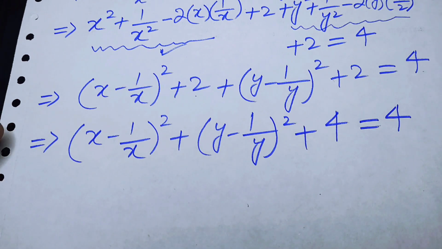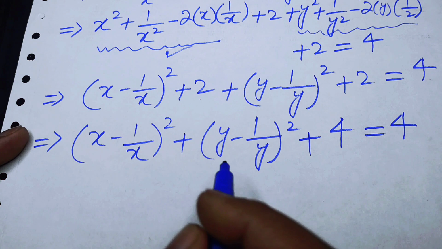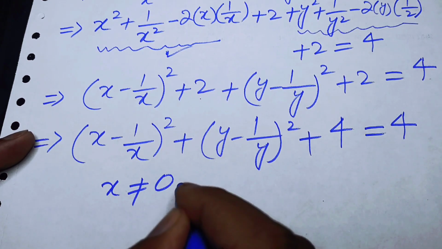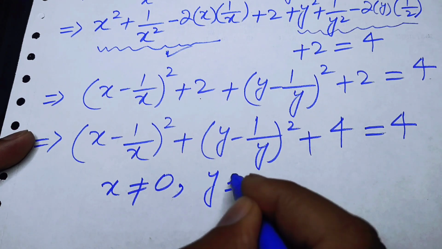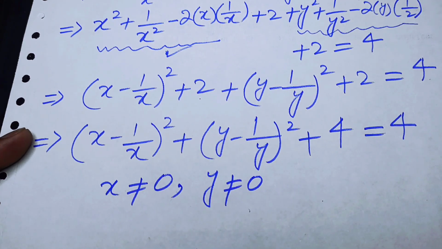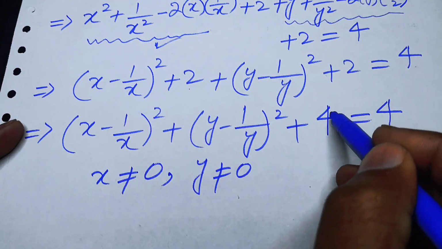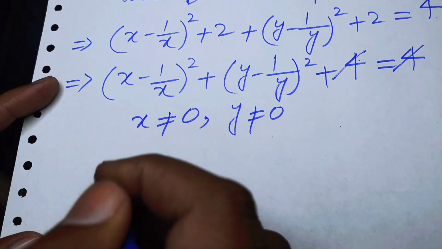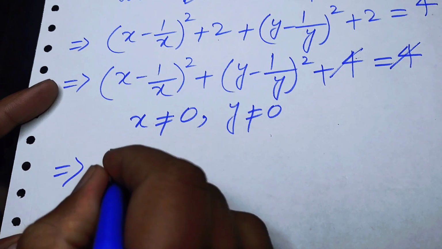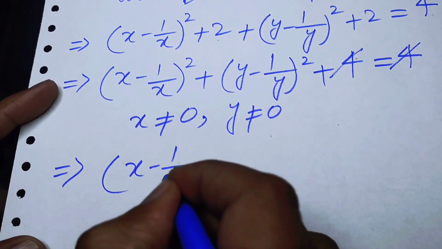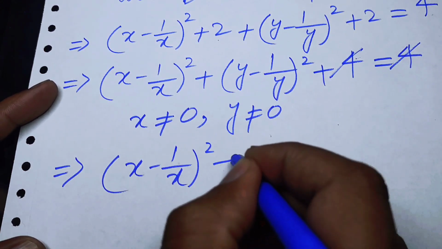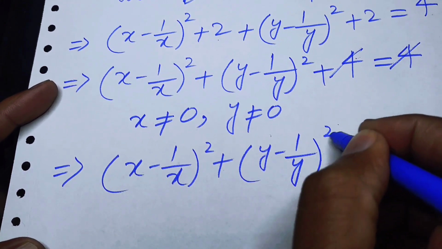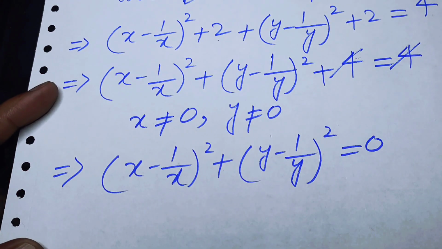Here one thing to remember is that x and y are not equal to 0. These both terms are non-zero, and you see that these 4s are gone, and you will obtain x minus 1 over x whole square plus y minus 1 over y whole square is equal to 0.